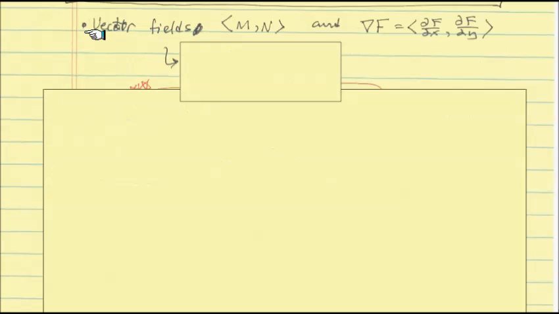Right here in Calc 3 we introduce something called vector fields. The examples of vector fields were force fields and velocity fields, and whatever information requires not just a scalar but direction and stuff like that. That's called vector fields. And this capital F is any one variable, two variable scalar function.